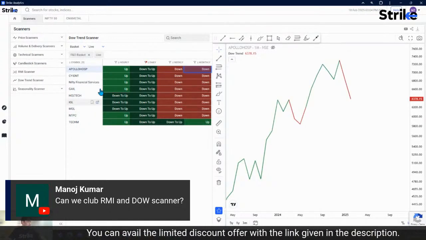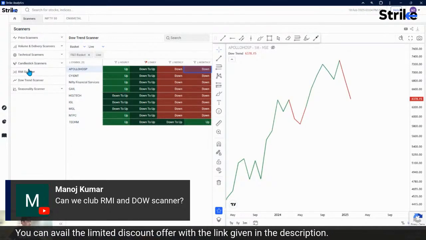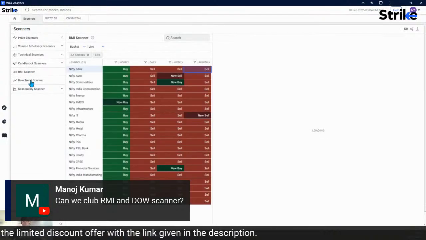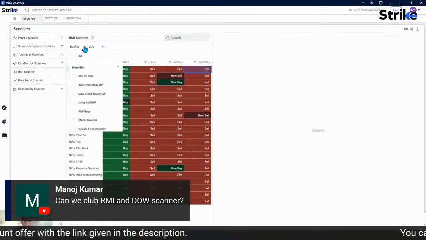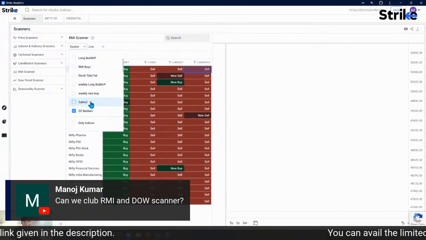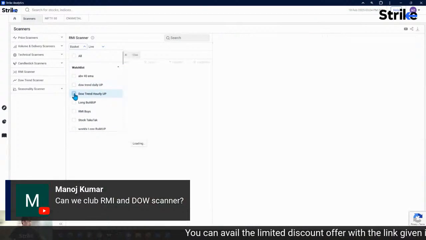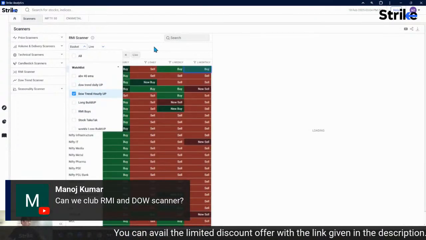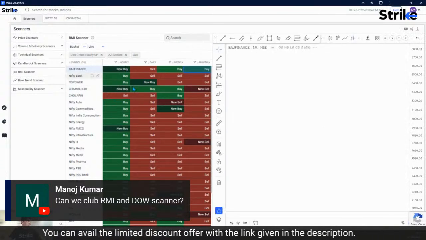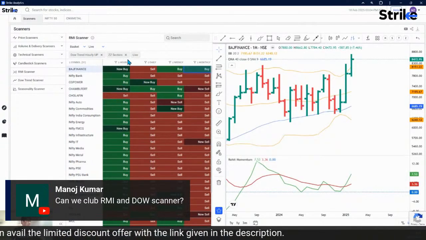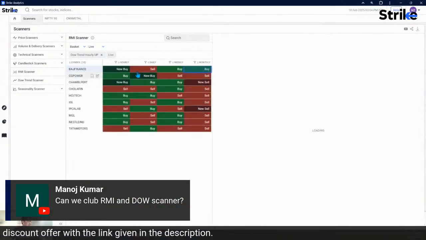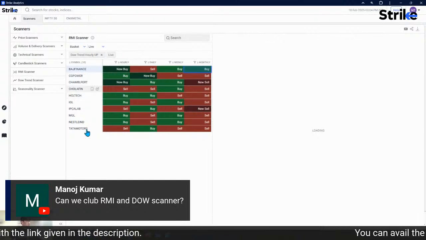Once you make a watch list of these nine stocks, come to RMI, and in RMI you select that watch list. Dow trend up hourly, that was the watch list that we had created today. You can select that, and in this RMI you got a list of those 9, 10 stocks.